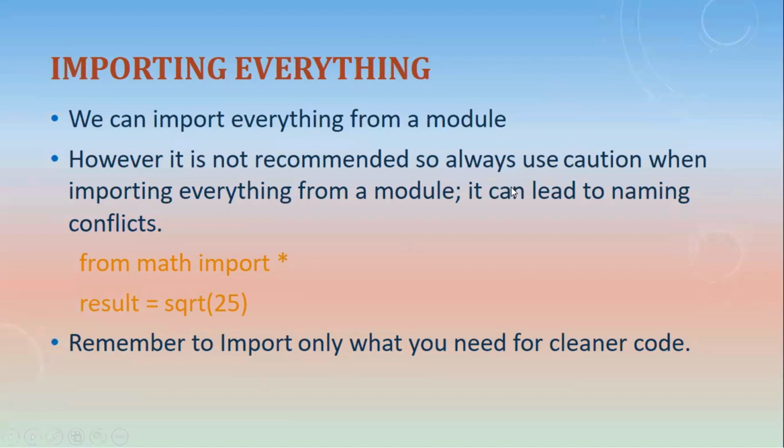So only import whatever you actually need. It is not recommended to import everything from a module, for cleaner code, right? So that's the recommendation. However, if you want, you can use from math, which is the module name, import asterisk sign. So it will import everything, whatever is there, right?